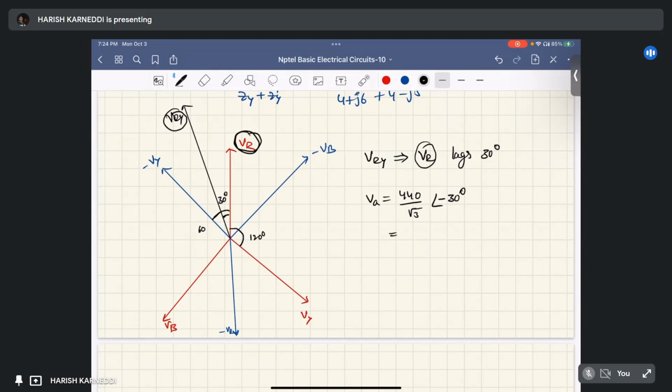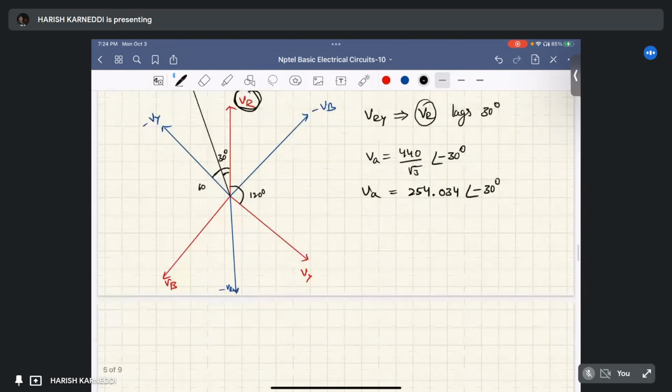Which equals 440 by root 3, which is 254.034 at an angle of minus 30 degrees. This is VA. Similarly, it is balanced, right?